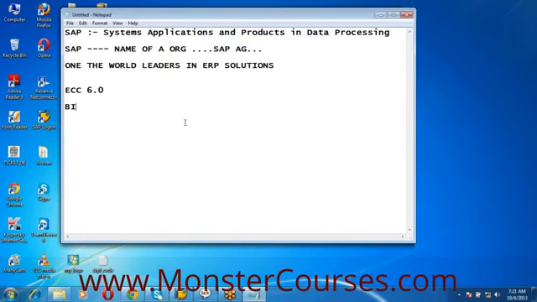It terms it intelligence and not just warehousing, so that means SAP provides applications beyond warehousing. It's not just about gathering your data and compiling it at one place. It's also about analyzing the data, making analytical reports out of this data and coming up with intelligence. That is why they call it business intelligence.